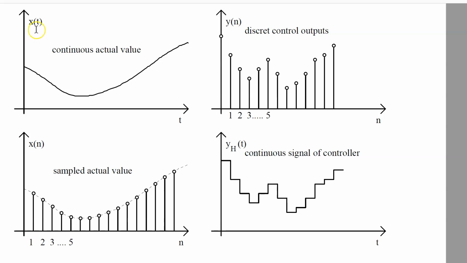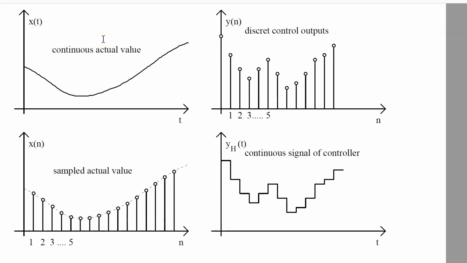This is the output of the process and this is a continuous curve, because the process is an analog process with a measured analog continuous signal.